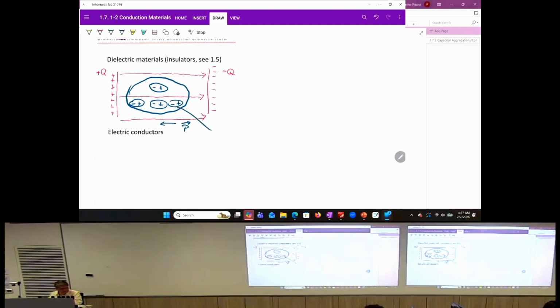Your electric field inside the material will be reduced, not vanishing, and that reduction depends on the permittivity of that specific material. So we also have the concept of the displacement field, and this displacement field is generated by this plus and minus Q here.